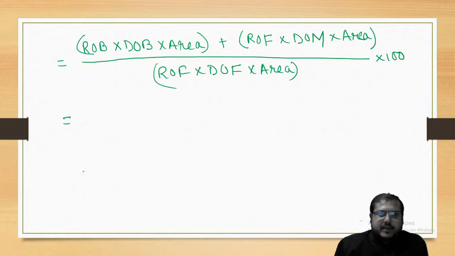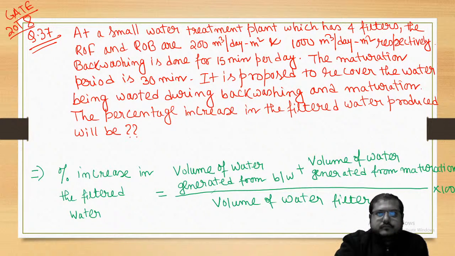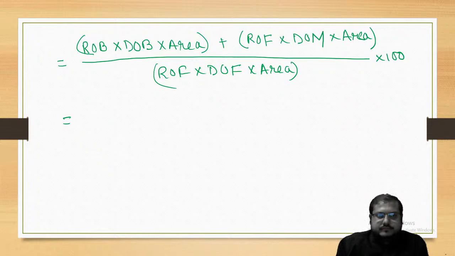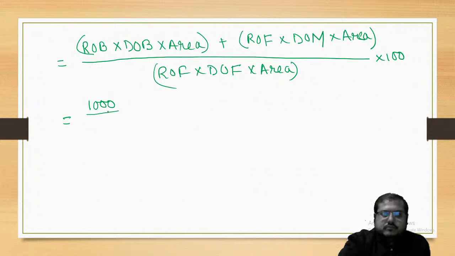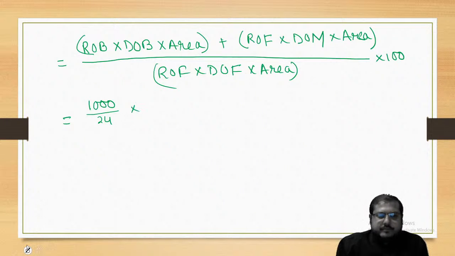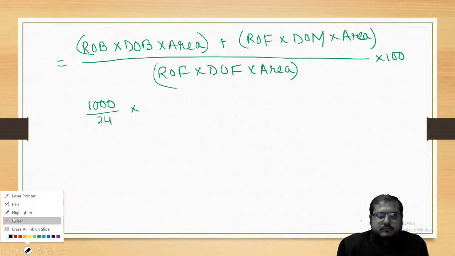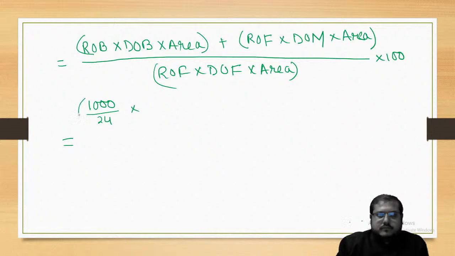Now see, the rate of backwashing is given as 1000 m³/day·m², divided by 24 to convert it into hours. The duration of backwashing is 15 minutes, so 15 by 60 hour, and the area will be the same, so I am just cancelling the area term.